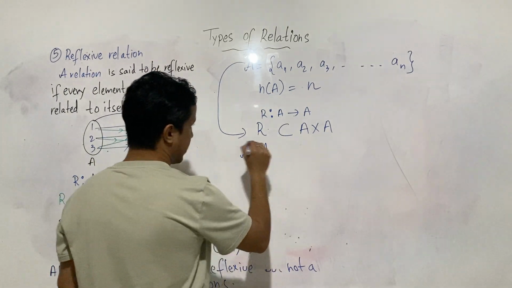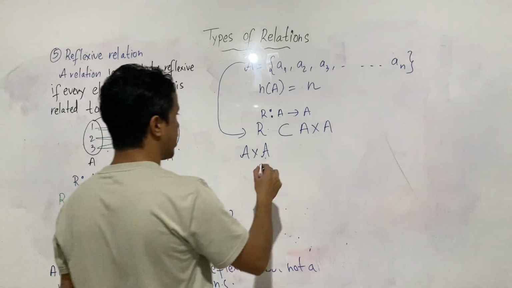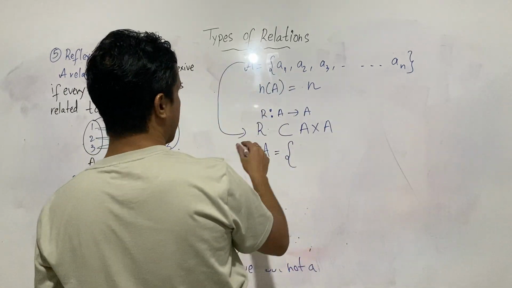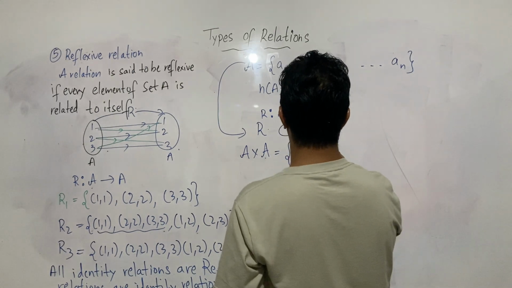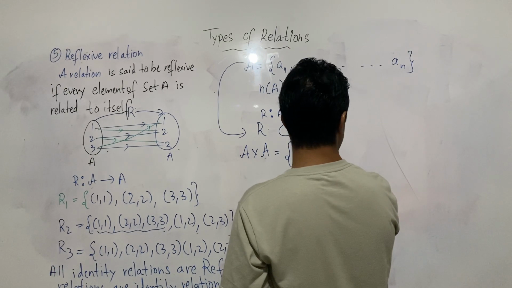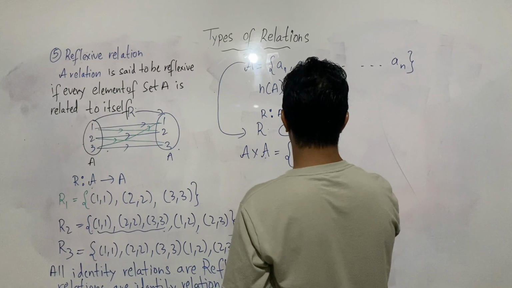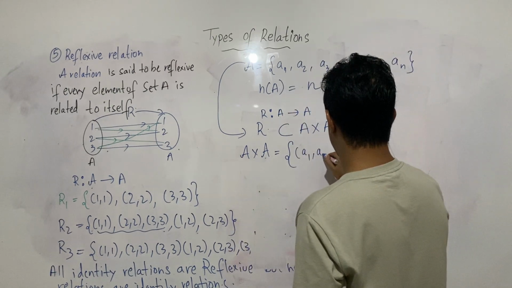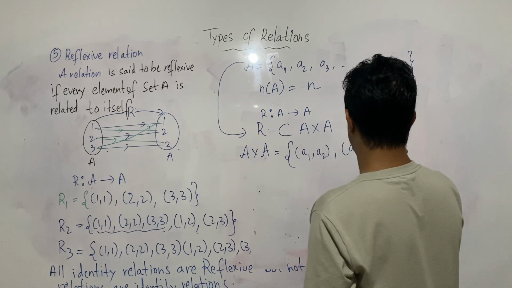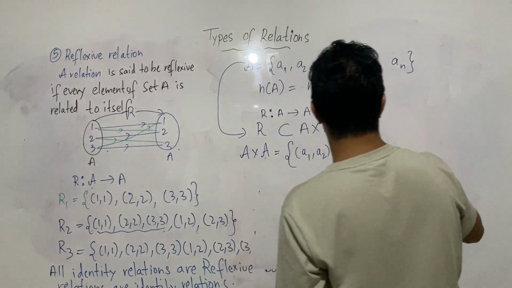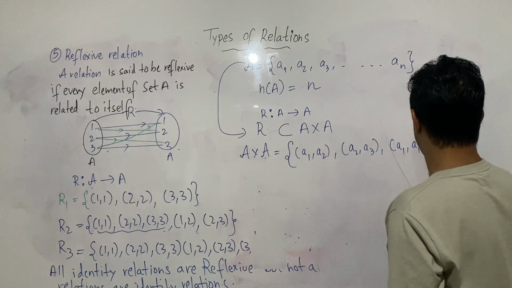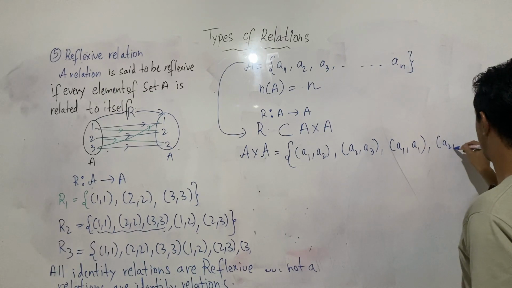We will get something like A1, A1, A1, A2, A1, A3, then A2, A1, A2, A2, and so on, right?